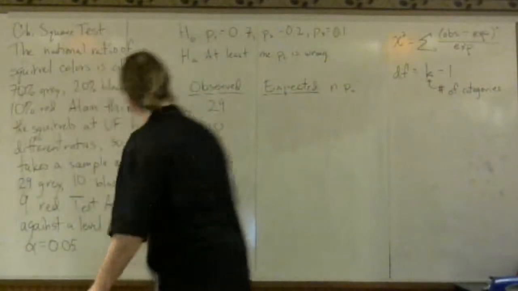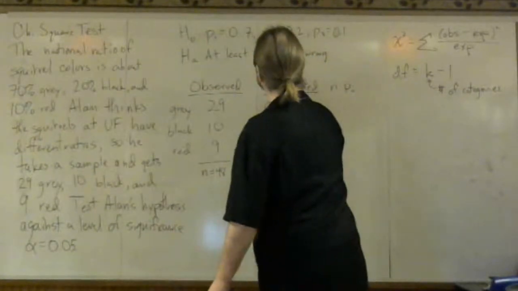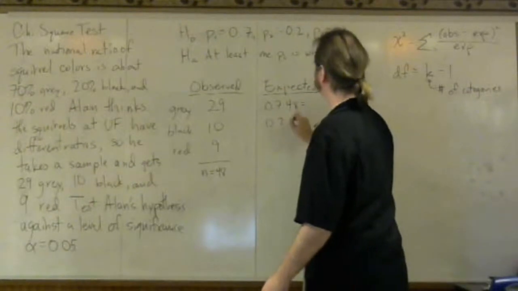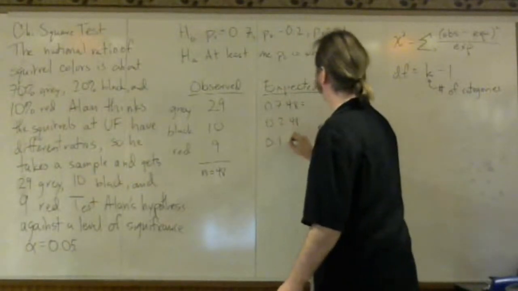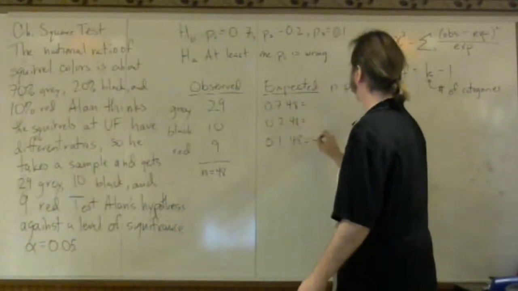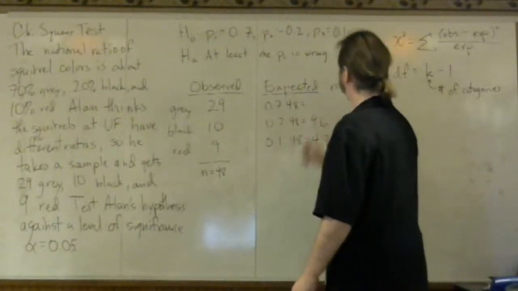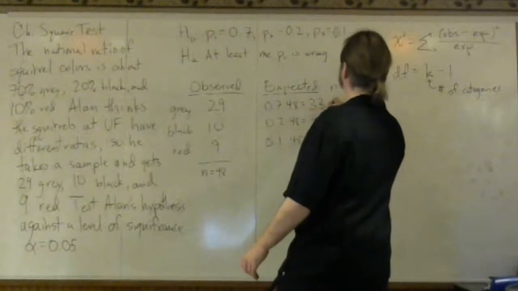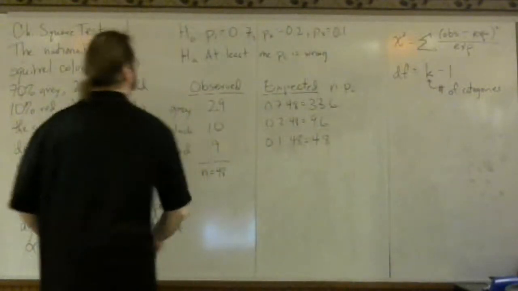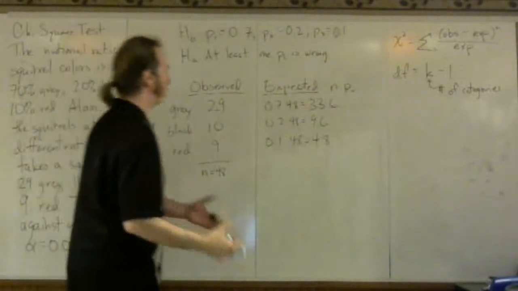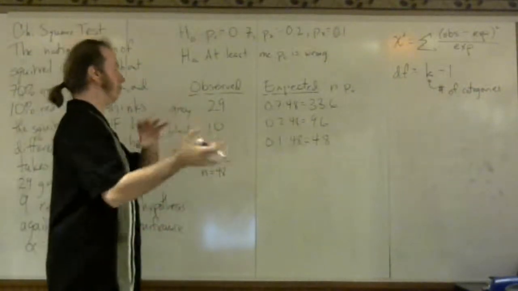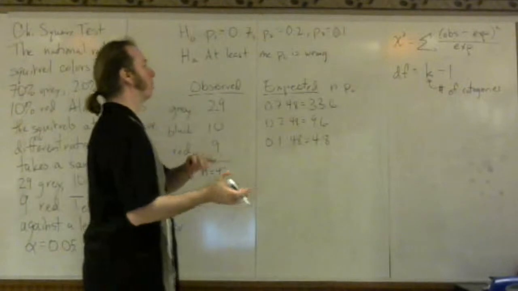So 0.7 times 48, 0.2 times 48, 0.1 times 48. So this is what we would expect to get. This is what we actually got. The chi-square test is essentially testing the difference between those.